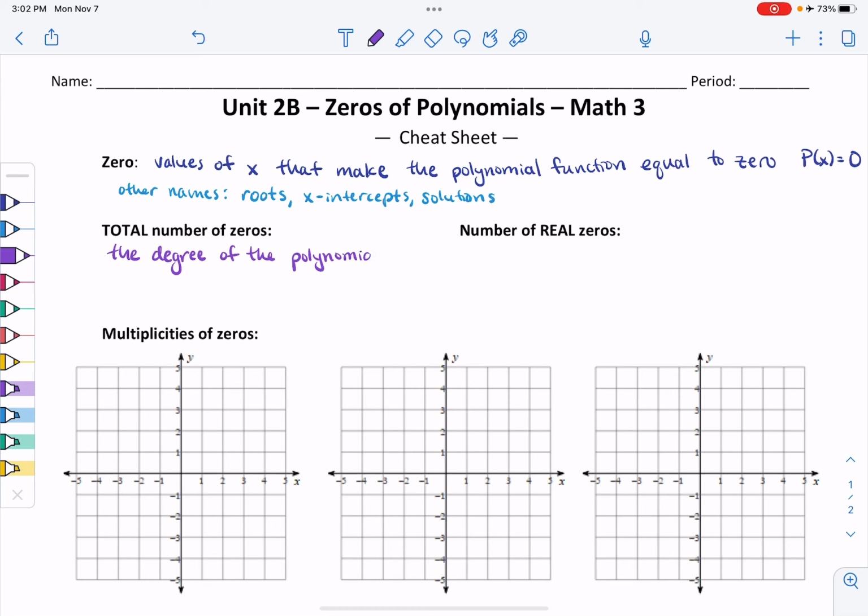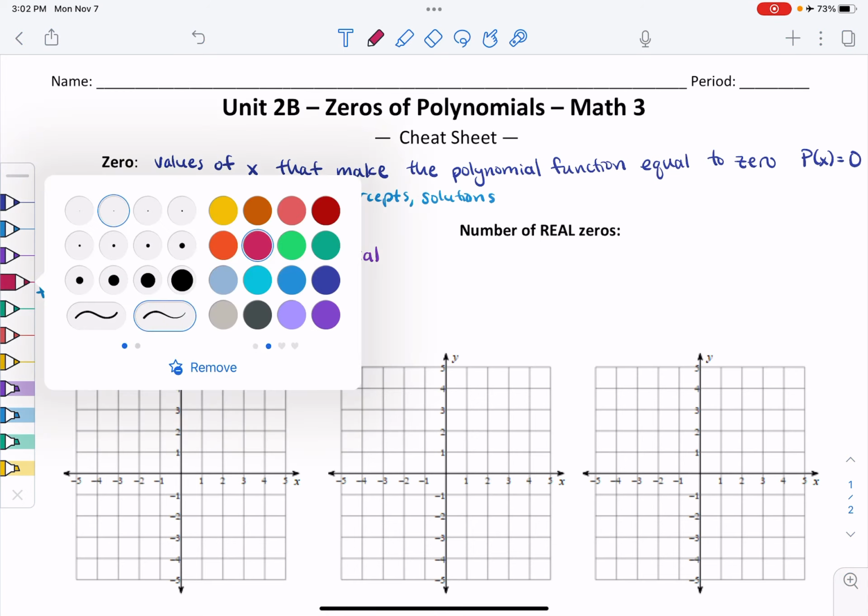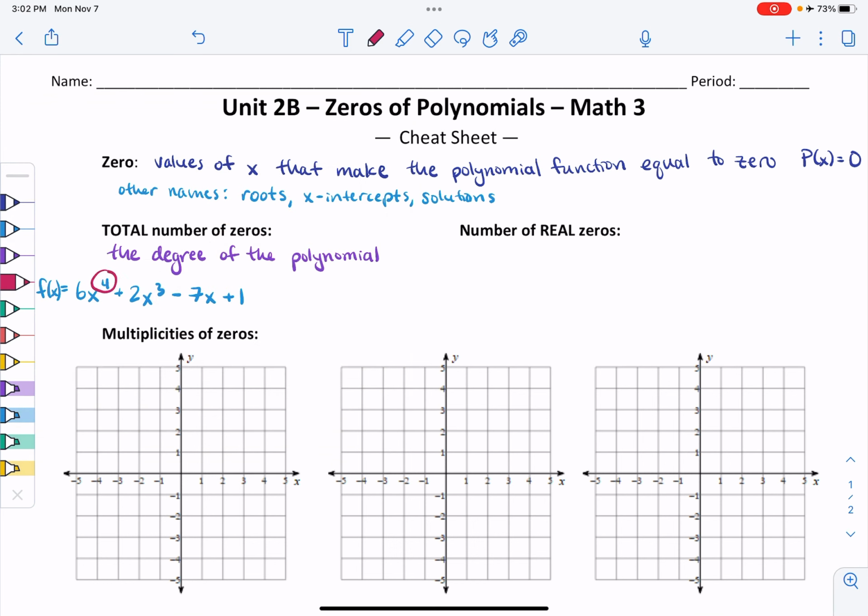So if we have a polynomial function, for example, 6x to the fourth plus 2x cubed minus 7x plus 1, this means that we have a degree 4 polynomial, so we will have a total number of zeros equal to 4, all right?